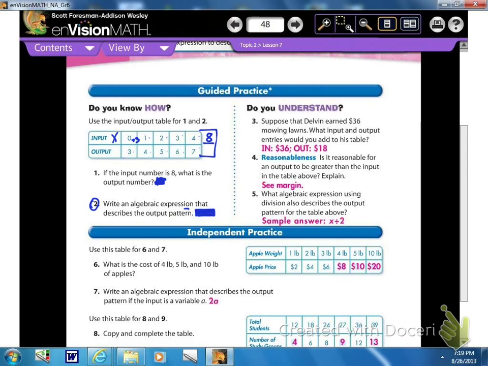Plus 3, plus 3. 0 plus 3 is 3, 1 plus 3 is 4, 2 plus 3 is 5, 3 plus 3 is 6, 4 plus 3 is 7. So our algebraic expression should be input X plus 3. So what would be the output if the input is 8? Well, it must be 11, because 8 plus 3 is 11.